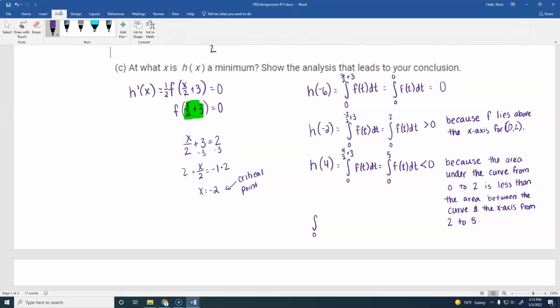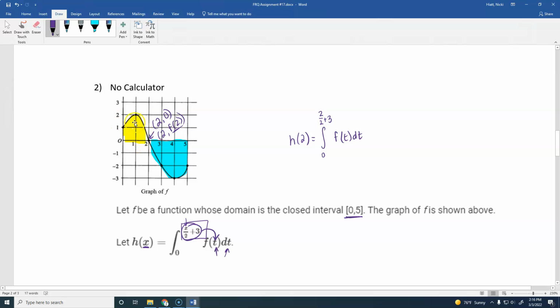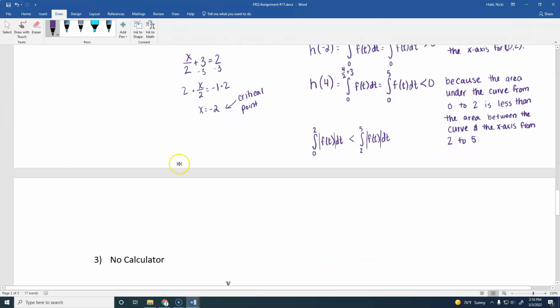I think instead of saying this, you could say the integral from 0 to 2 of f of t dt, it would not hurt to put some absolute value bars there, is less than the integral from 2 to 5 of f of t dt. And the reason I'm saying absolute value bars is because, if we think about doing what Coach Wood would do, if I estimate here, that looks like it's about 3 blocks right there, so about a positive 3.